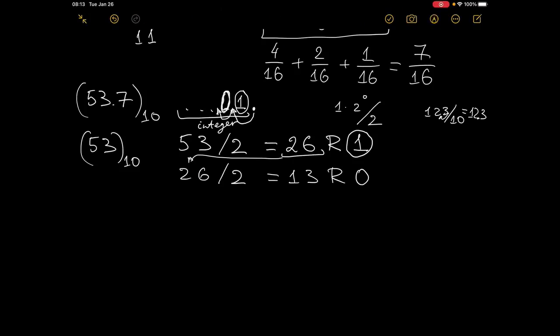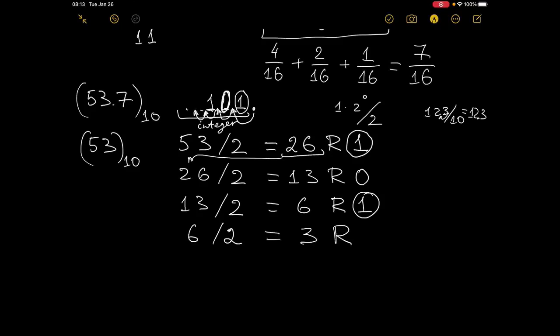Now 13 divided by 2 is 6 and the remainder is 1, so we moved the radix even further. It means that here we had 1. Then 6 divided by 2, move the radix even further, we are getting 3, remainder 0. So here we had 0.